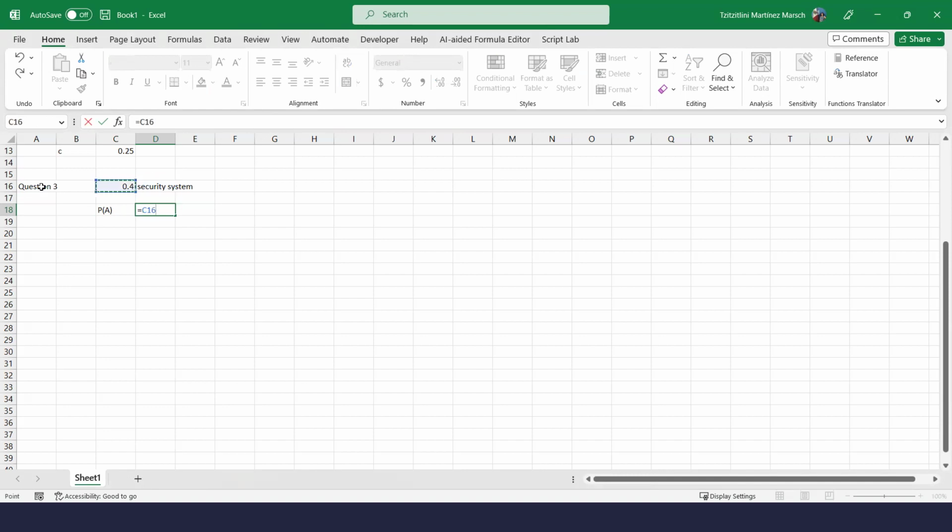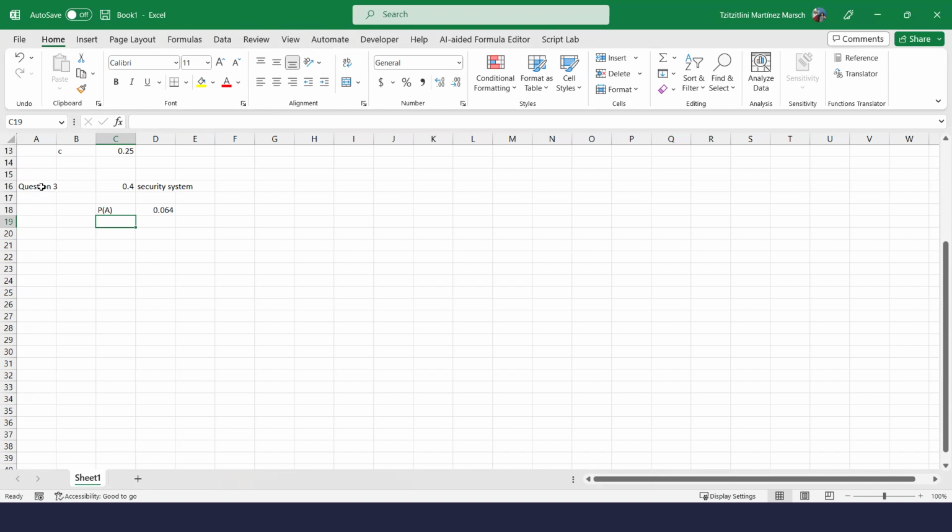So it is 0.4 times 0.4 times 0.4. So the probability of all 3 houses having it, because we're multiplying, is going to be 0.064.